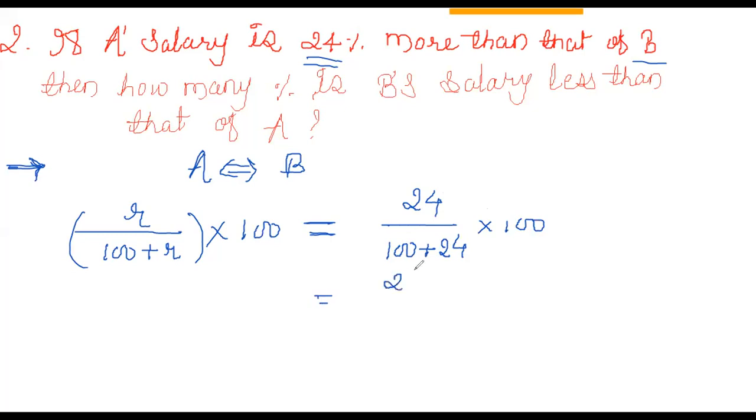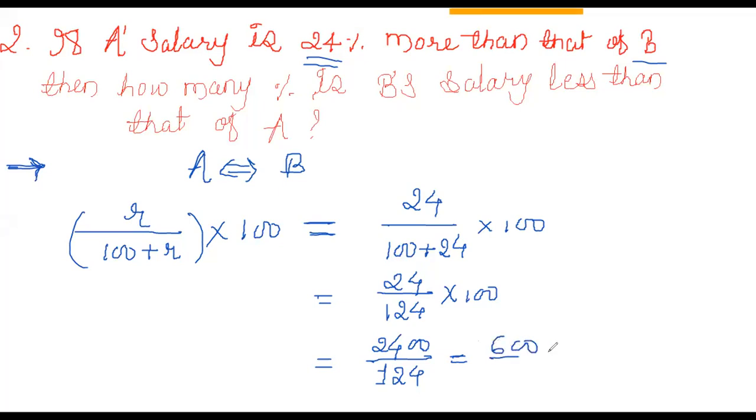Calculate this. 24 divided by 124 into 100 gives 24 into 100, that is 2400 divided by 124. Now tell me, in decimal or you can convert it into a fraction.